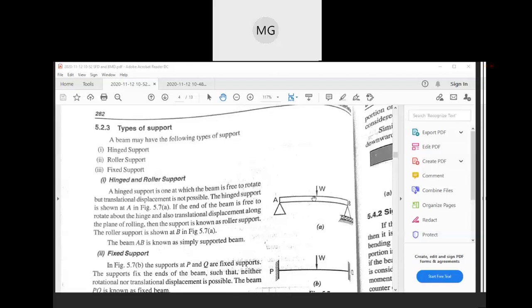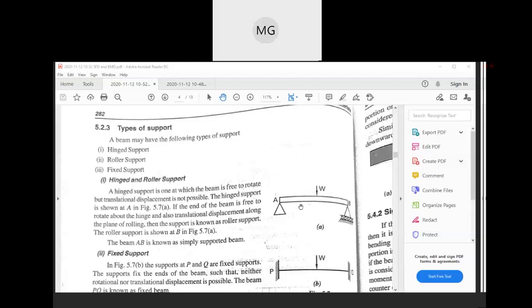In mechanics of material, we are concerned only with the vertical movement of the beam. In a higher semester, you need to deal with the horizontal movement also, because when you apply a load, it will move in a horizontal direction also. But in mechanics of material, we deal only with the vertical movement.